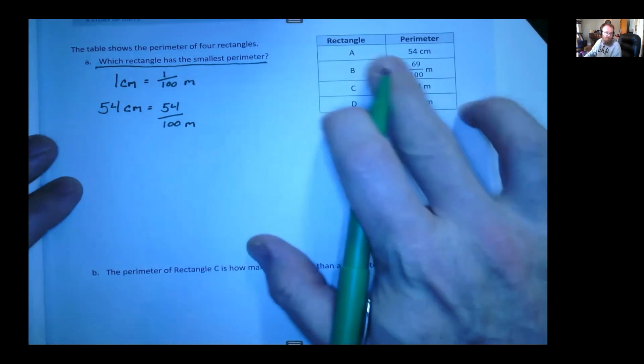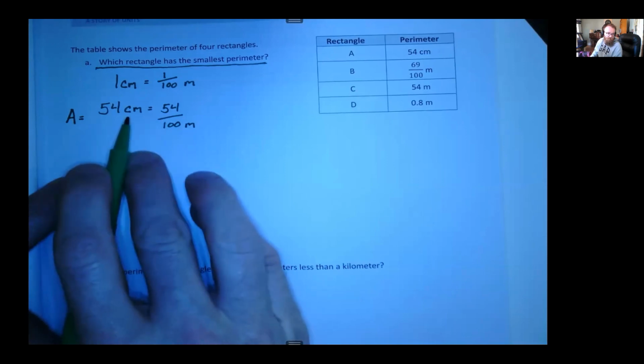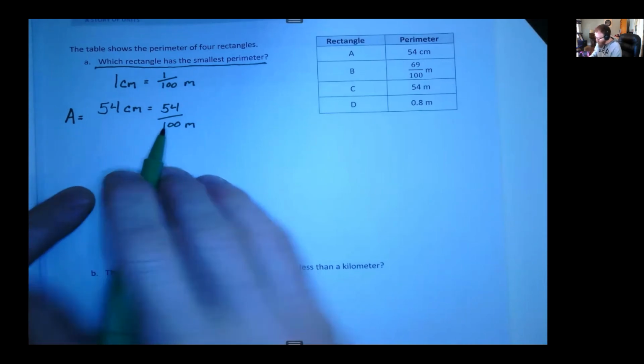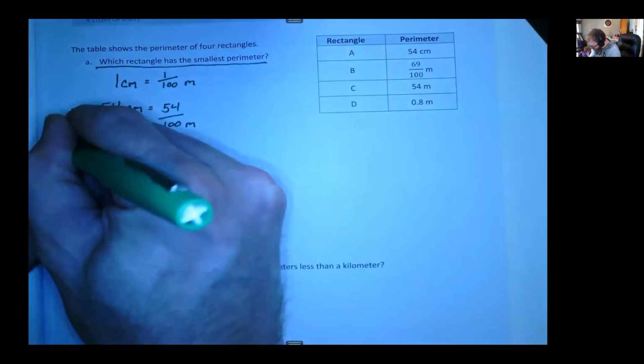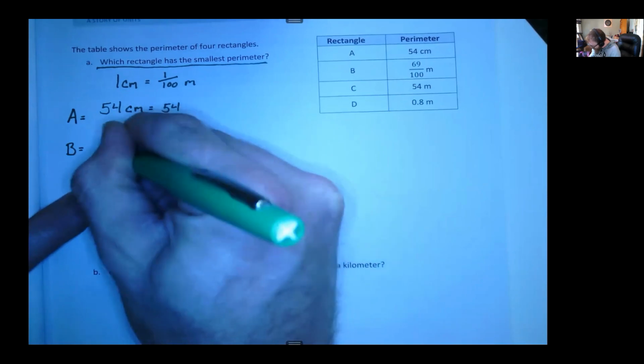Now we can compare rectangle A. Let's make sure we mark our work too. Don't let Mr. Hansen get ahead of himself here. Let's be organized. This is rectangle A. It has a perimeter of 54 1/100ths of a meter. We can compare that to B now because we already know that rectangle B has a perimeter of 69 1/100ths of a meter.